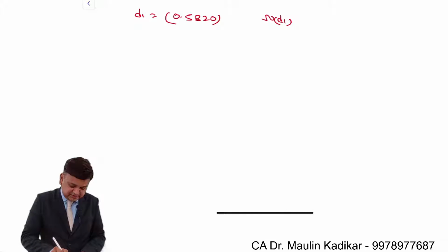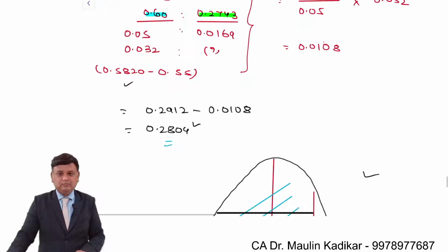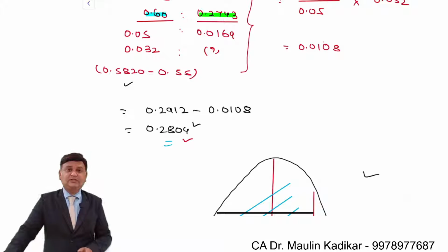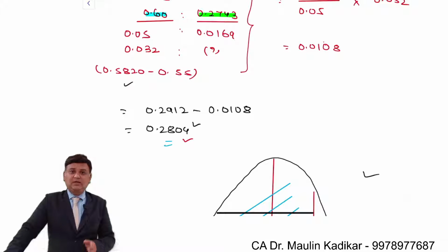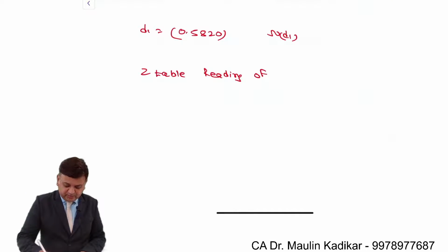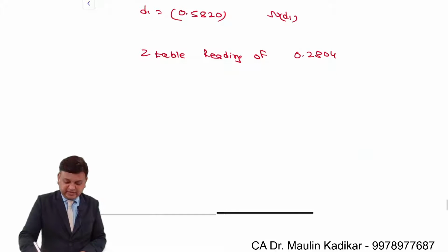Whatever the Z table reading of 0.2804 is what is considered for the purpose of ND2, ND1. So the Z table reading of 0.2804 itself is what we understand as the ND1.